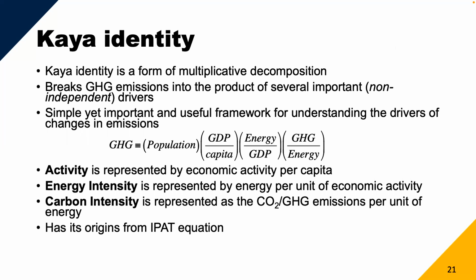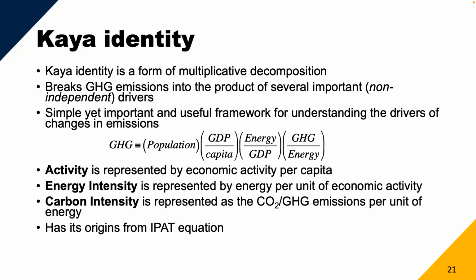we might think about energy and carbon intensity as the two big ones. Not everything is going to be derived from this. You can think of these terms as encompassing everything in the economy.